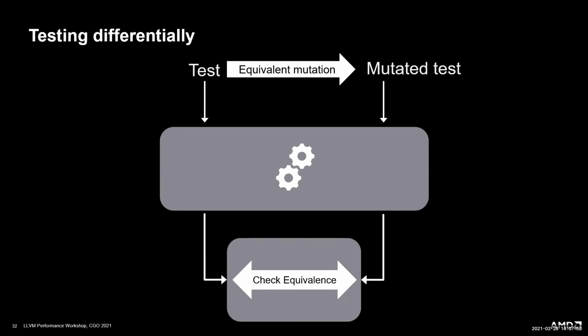Now we can easily replace this system with an analysis, and do the similar thing for any analysis. We can take an analysis and run a test, create an equivalent test using a mutation for that test, and check equivalence.